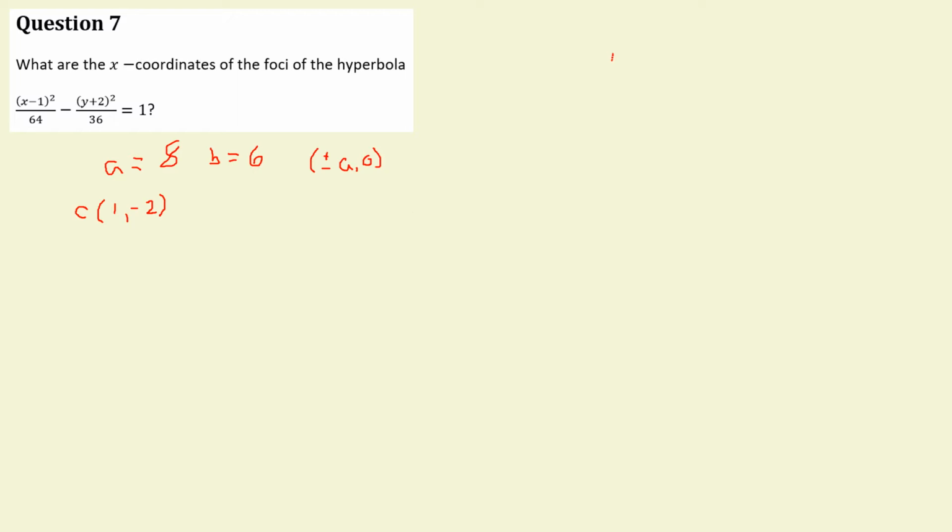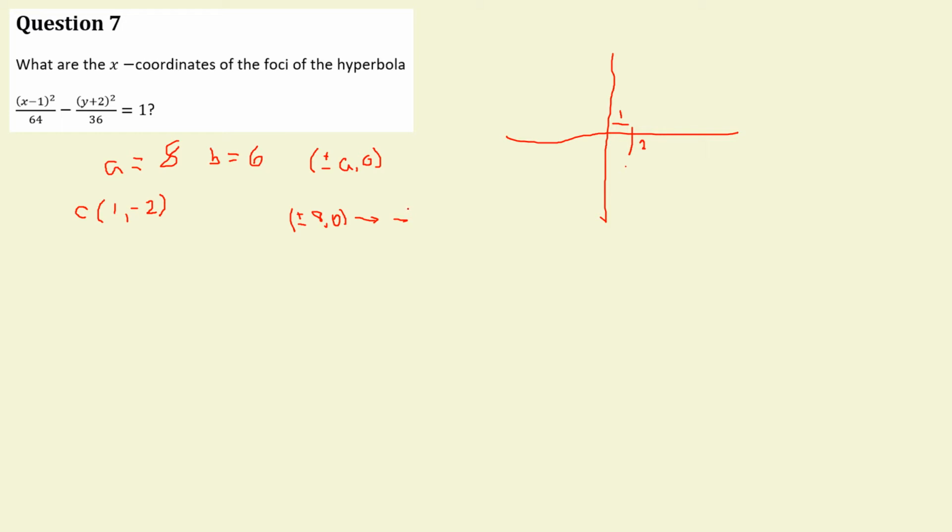If I think about my hyperbola, what's actually happened is this point has moved out to 1 and minus 2, down here. Everything has moved across 1 and down 2. So where my foci would be plus or minus 8 and 0, everything has to have moved across 1 and down 2.